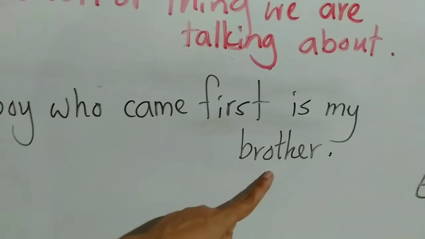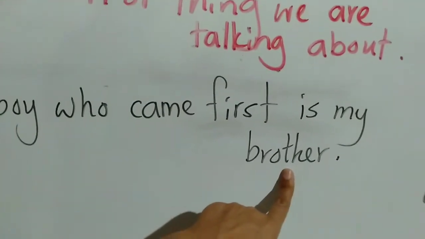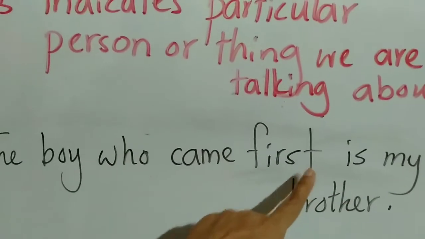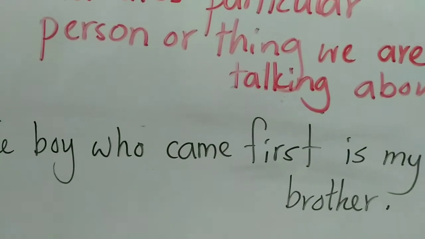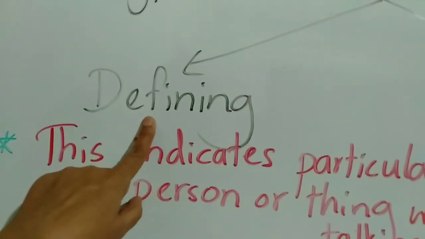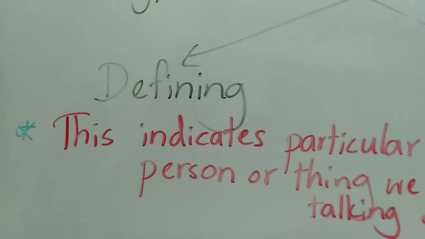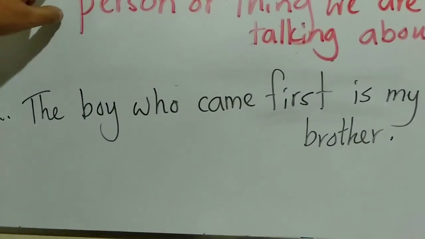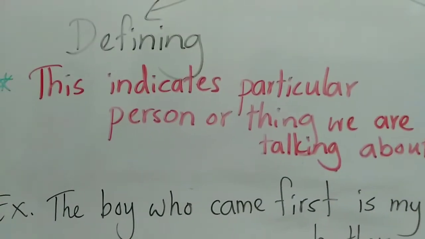Then you know why it is so special? Who came first? Then we call that type of clause a defining clause. This type of clause is called a defining clause.